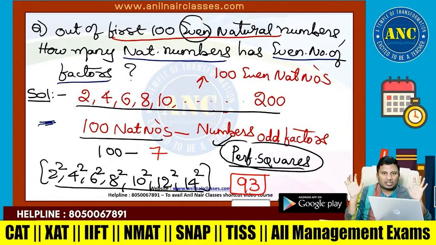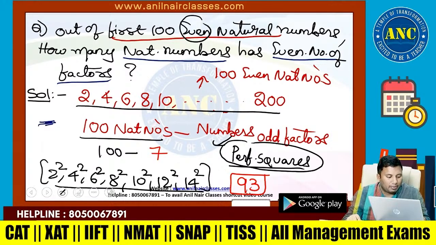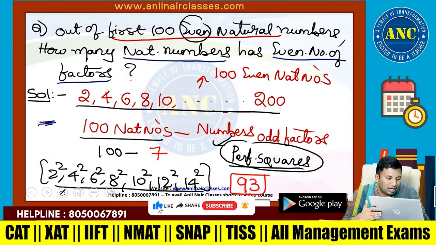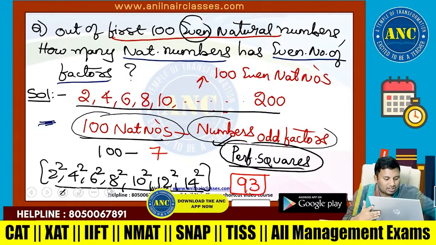That is total numbers minus numbers which have an odd number of factors.